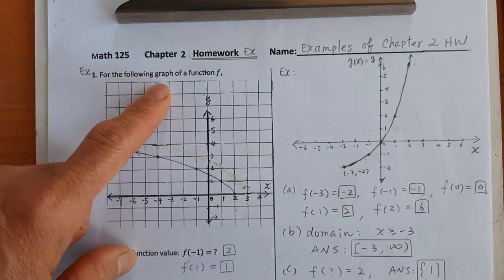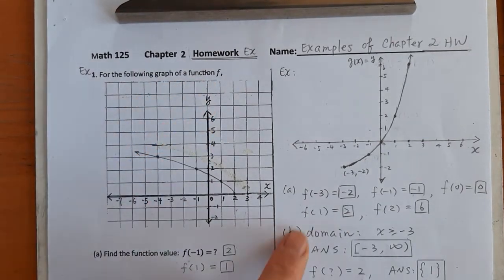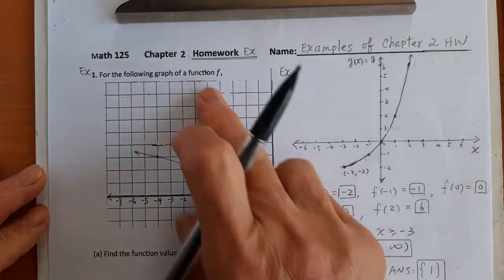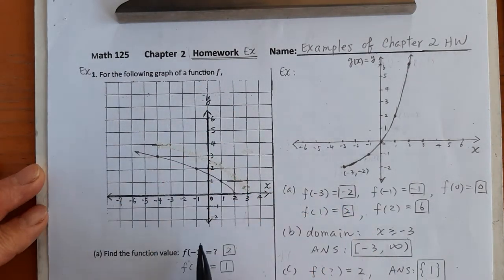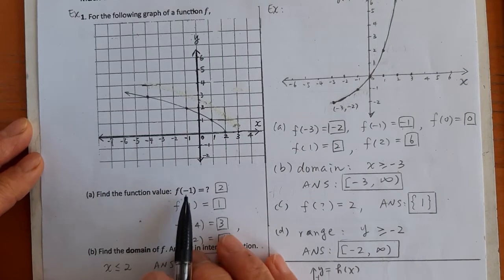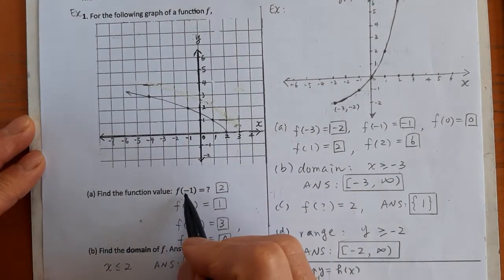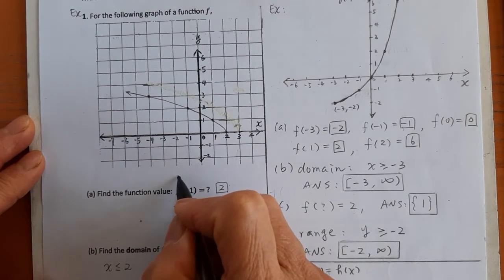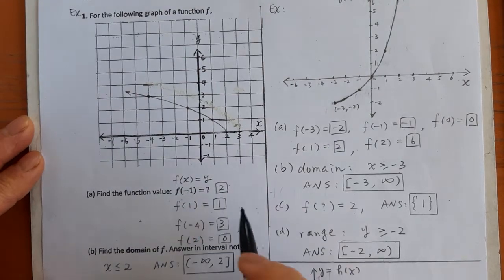For the following graph of a function f, we have an x-axis and y-axis, and this is a graph, a curve. It asks you to find the function value f of -1. This is f of x, which equals the y value.